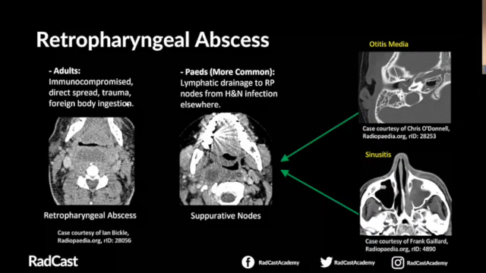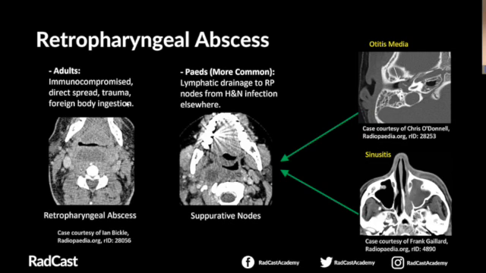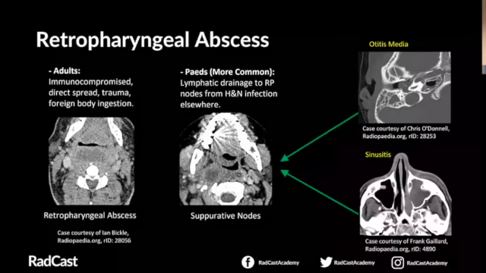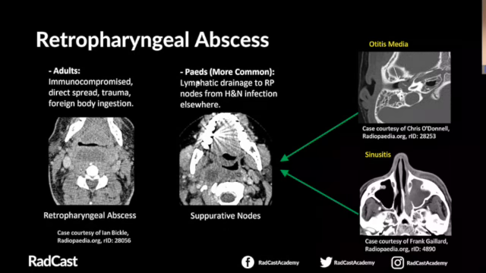Also trauma and foreign body ingestion lead to these, but they're more common in the pediatric population, and they're generally caused by lymphatic drainage of infection from other sites in the head and neck to retropharyngeal nodes.